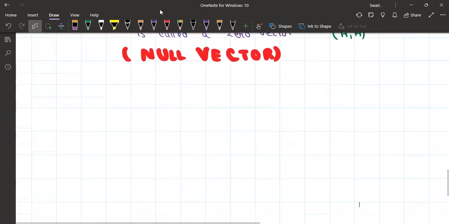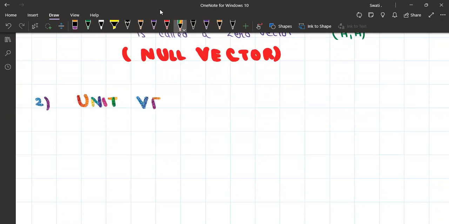Now let us go to the next vector, which is called the unit vector. As soon as you hear the word unit, you know it means one. So what is a unit vector? A vector whose magnitude is unity. Unity means one unit.